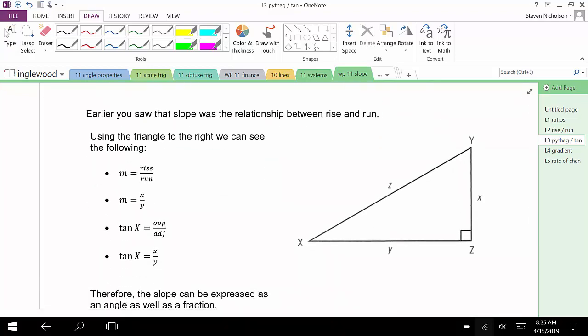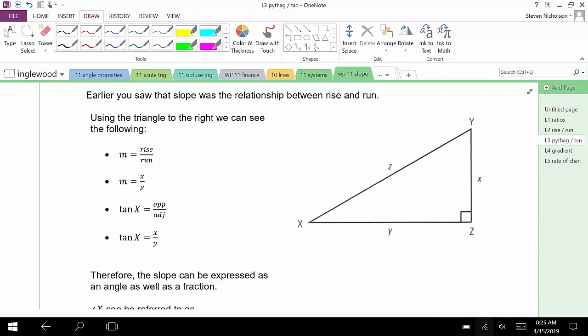The other thing we need to remember is a little bit of trigonometry from grade 10. If we use this triangle to the right, and the idea of slope is rise over run from the last section we did, relative to angle x, this is the vertical part, and that would be the rise, and relative to angle x in this triangle, the hypotenuse would be the run.